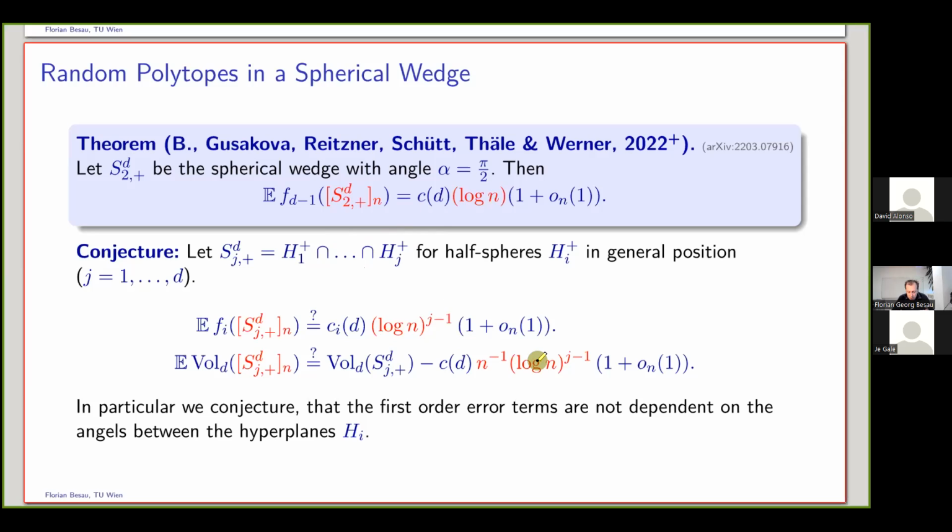And the reason is basically in the polytopal setup, we see something similar happening. We see that the constants are dependent on the combinatoric structure, but not on the actual positioning of the vertices. So as long as you wiggle the vertices of your polytope around a bit such that the combinatoric structure is not changed, the constants don't change either in these approximation theorems. So this is the reason why we believe that these error terms here should not depend on the actual angles here.